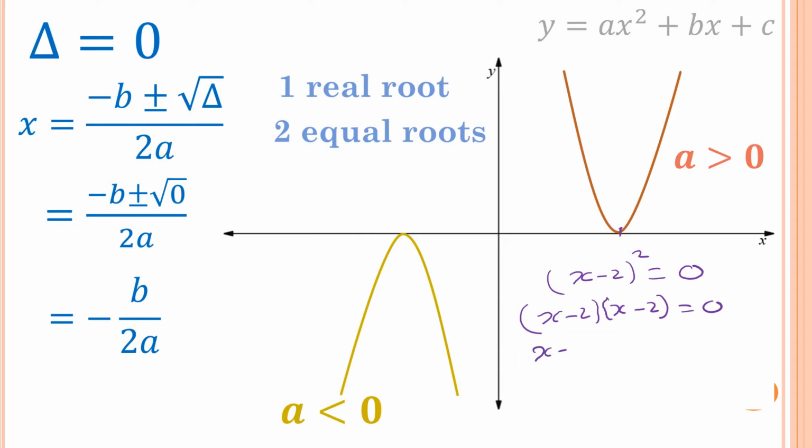This means that x minus 2 equals 0, or x minus 2 equals 0. So x equals 2 or x equals 2. See, they are the same. So we can say one real root or two equal roots. When you have one real root or two equal roots, this means that the discriminant equals 0.